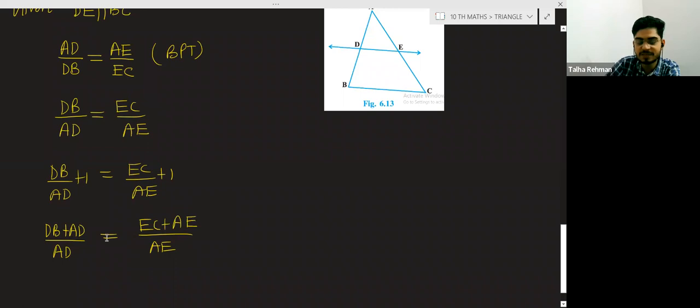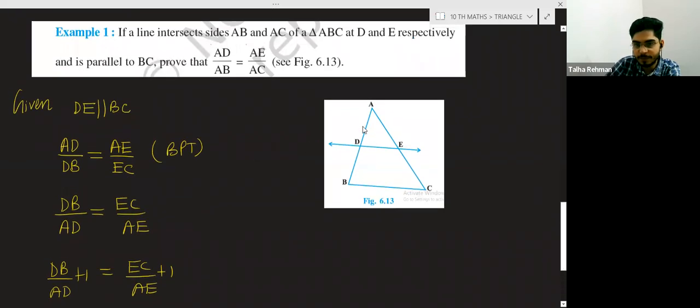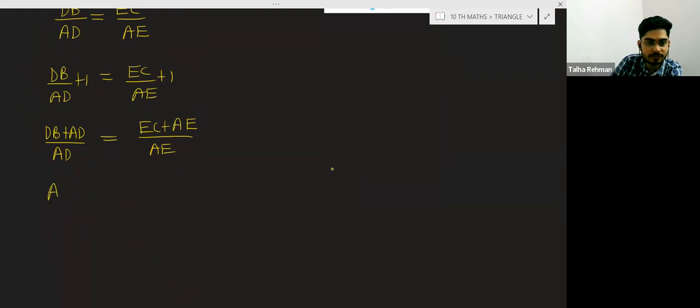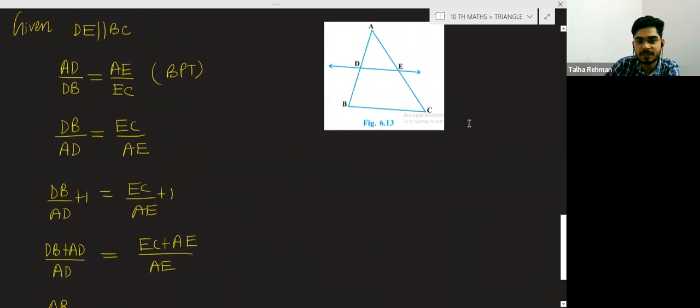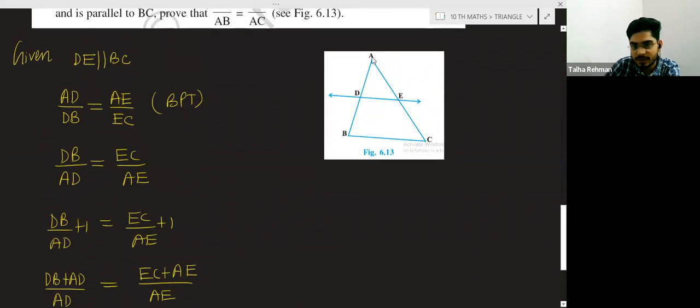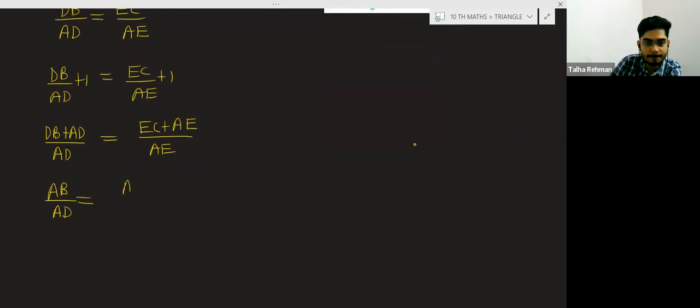Now DB plus AD is equal to AB, so I can write AB divided by AD. EC plus AE means AC, so AC by AE.